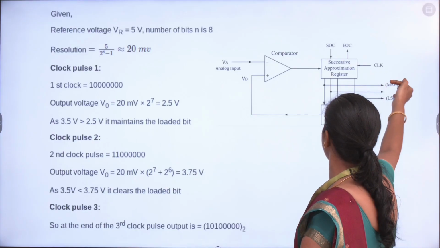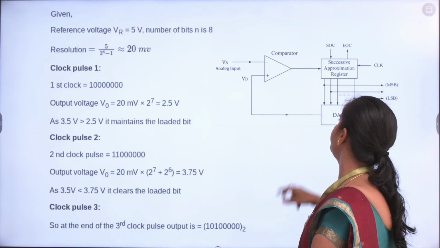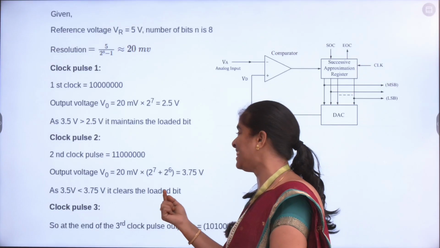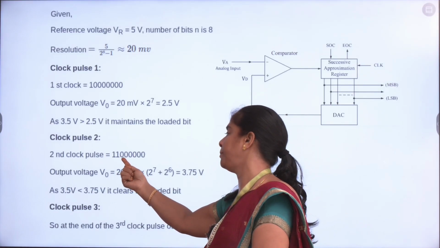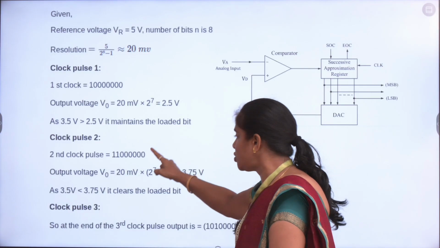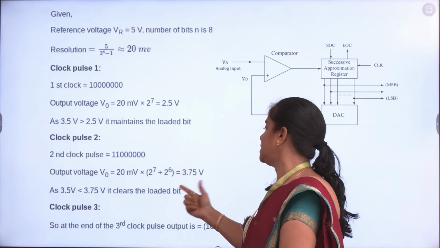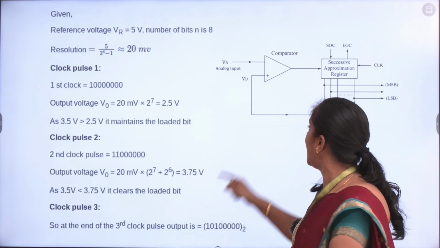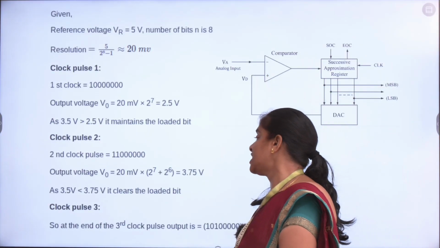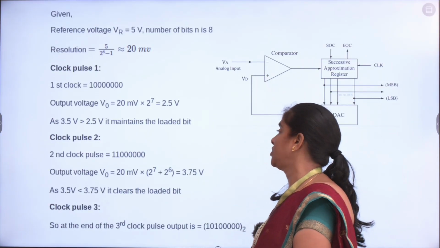So when the second clock pulse is applied, the successive approximation register is going to set the next most significant bit as 1. So we are getting this particular pattern, and the digital voltage corresponding to this pattern is nearly 3.75, and that is compared with the input voltage 3.25.